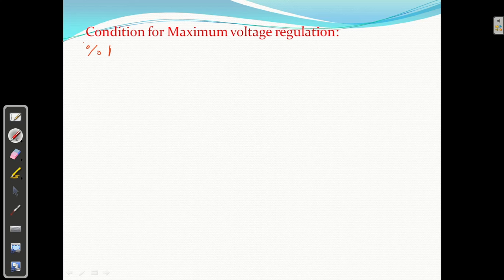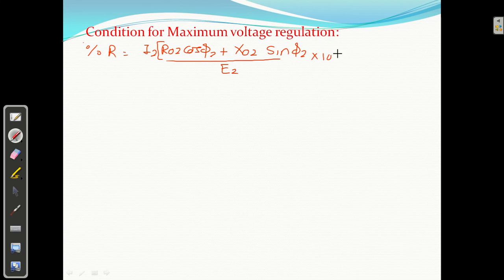Percentage regulation equal to (I2 R02 cos phi 2 plus I2 X02 sin phi 2) upon E2, into 100. This is the formula for percentage regulation.